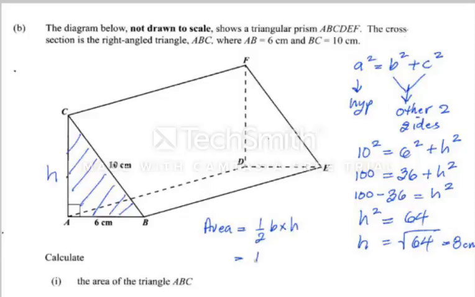So the area would be a half, the length of the base is 6, the height is 8. This is 3. The area of the triangle would be equal to 24 centimeters squared. So the area of the triangle is equal to 24 centimeters squared.